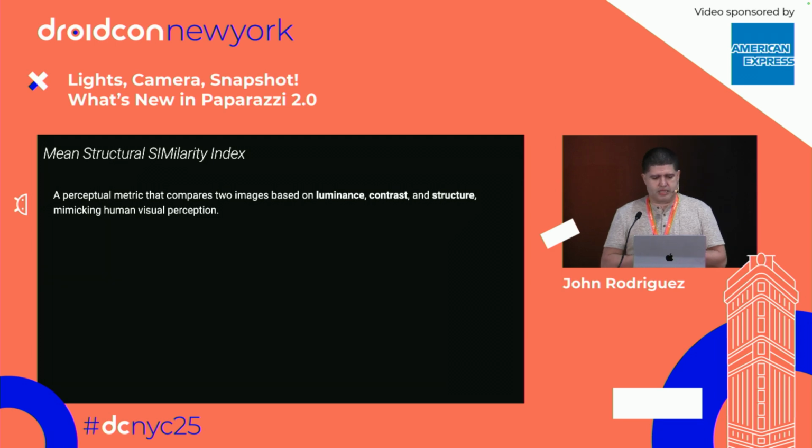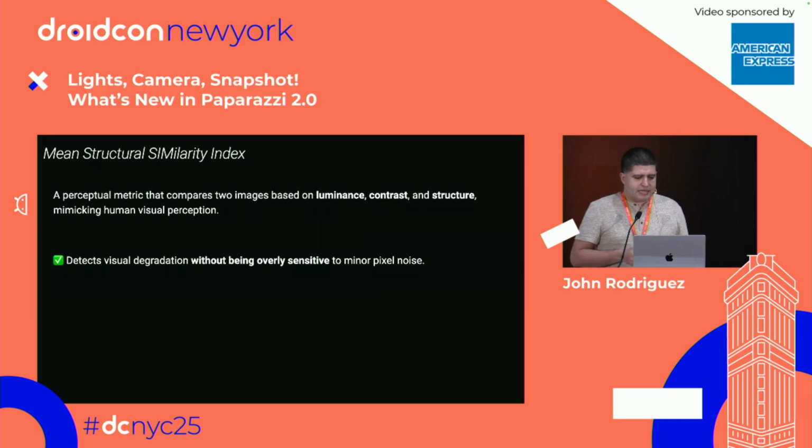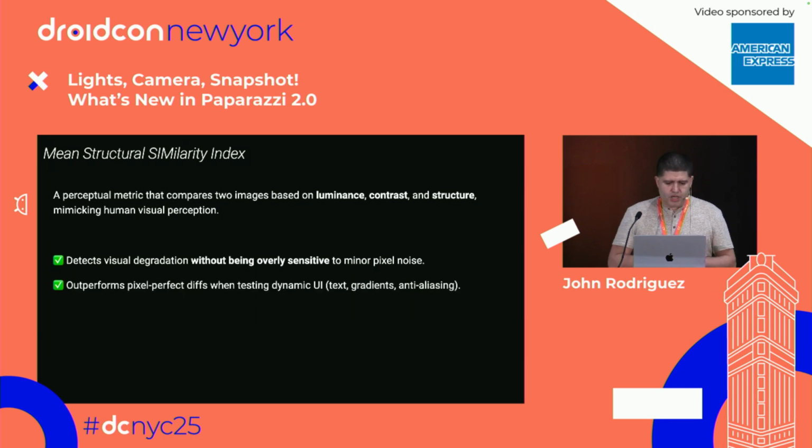It really will depend. And this basically mimics how we perceive color as humans. And so it detects visual degradation, but does not apply an overly sensitive approach, meaning that minor pixel noise that was kind of annoying us with the pixel perfection goes away. And it also outperforms for things, as I just mentioned, like gradients and anti-aliasing.